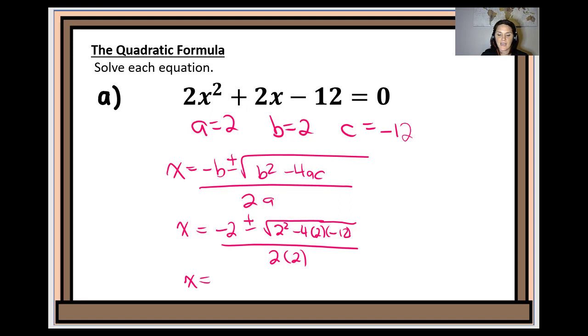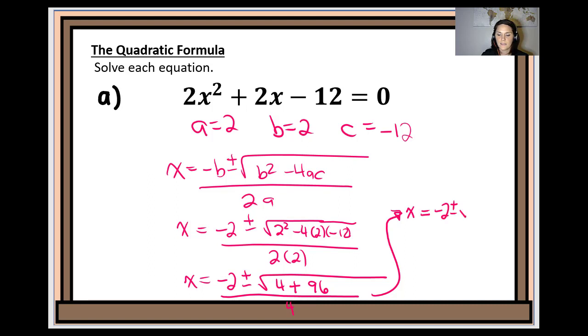So simplifying, we have negative 2 plus or minus the square root of 4, and then negative 4 times 2 times negative 12 will give us positive 96, divided by 4. So this will give us x is equal to negative 2 plus or minus the square root of 100 divided by 4.